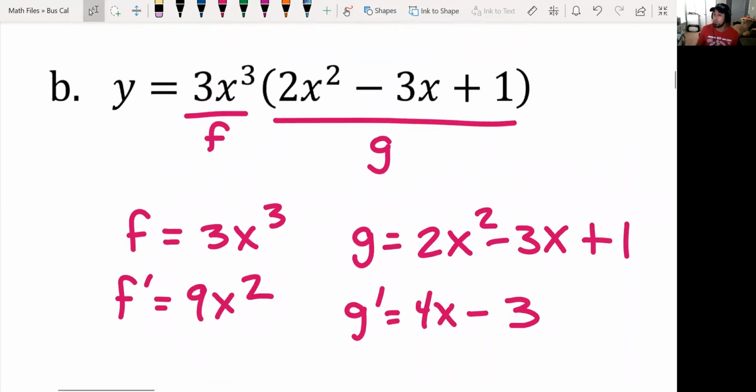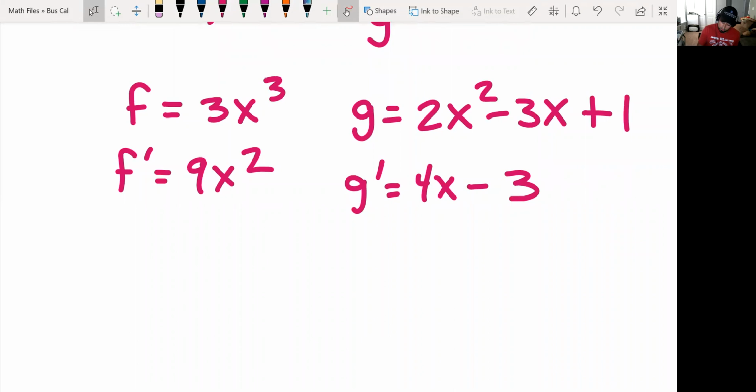We're taking the derivative of y, so I'll write y prime equal to, and then follow your product rule.